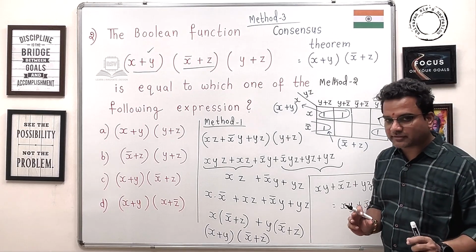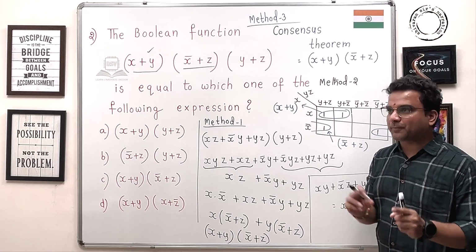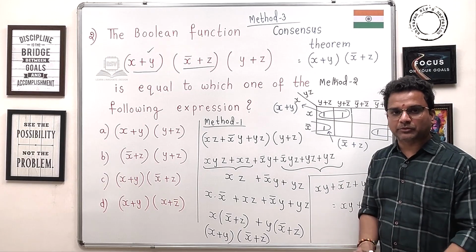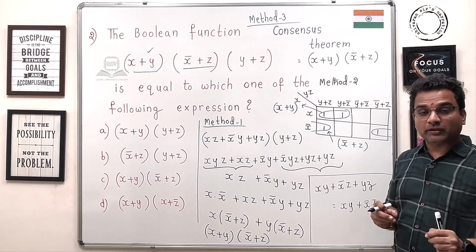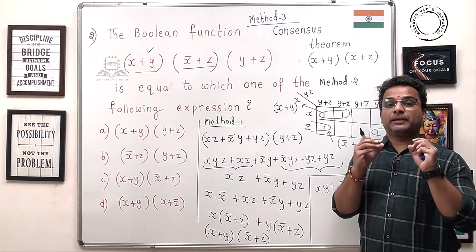See, please don't think consensus theorem is applicable only for POS form. It is applicable to SOP form also. Got it guys? This is the importance of the consensus theorem.